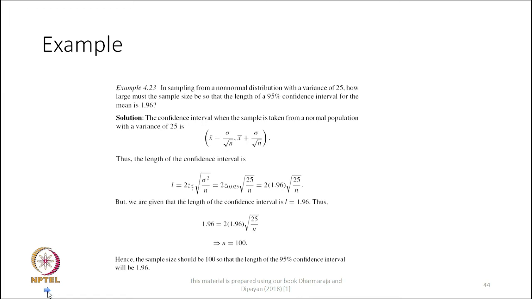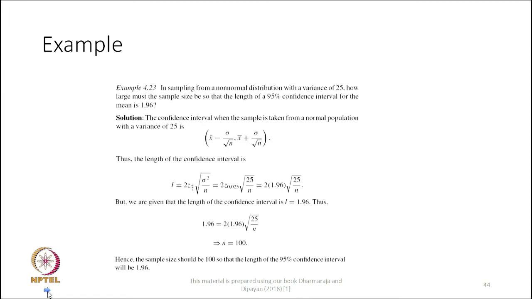Here the question is what sample size will give this length of confidence interval for the population mean, which is unknown, with the length of the interval being 1.96. Earlier we discussed the range of the unknown parameter. So, the length 1.96 is given, and you have to identify the sample size.